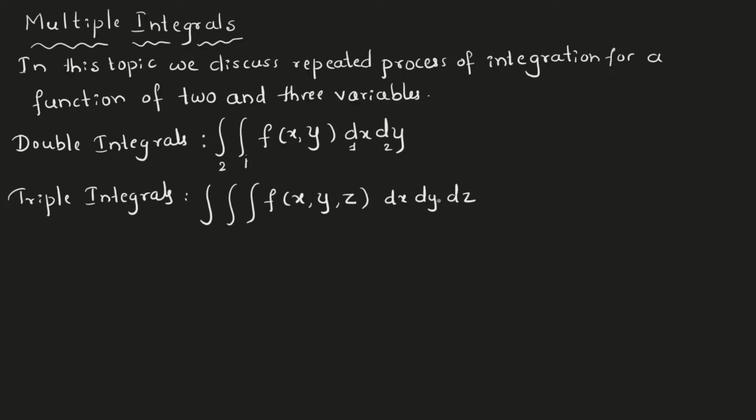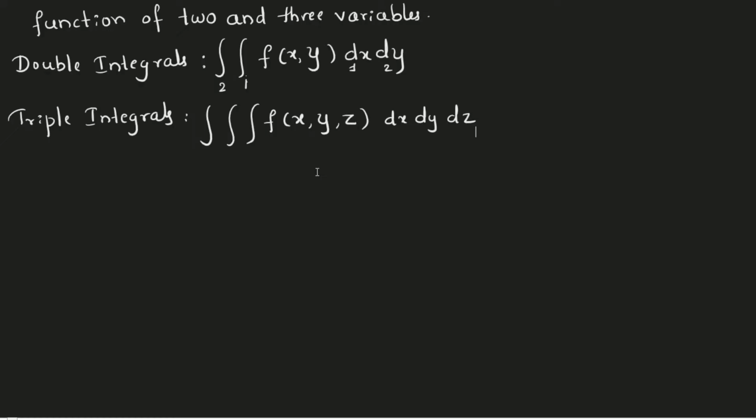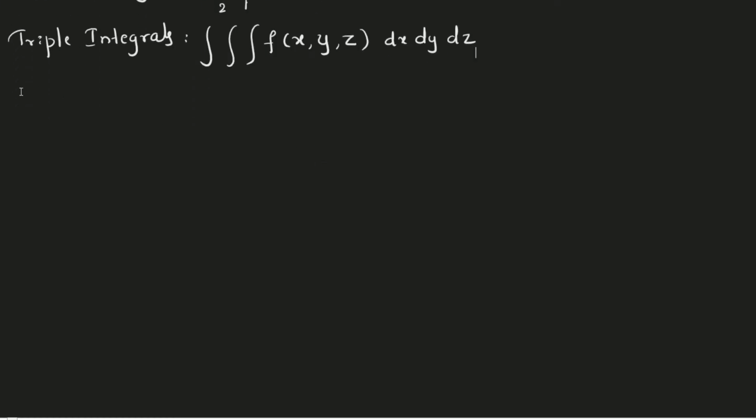That's it. So to solve or integrate this, the main principle we follow is the process of partial differentiation. In partial differentiation, we used to take two variables, suppose x and y.